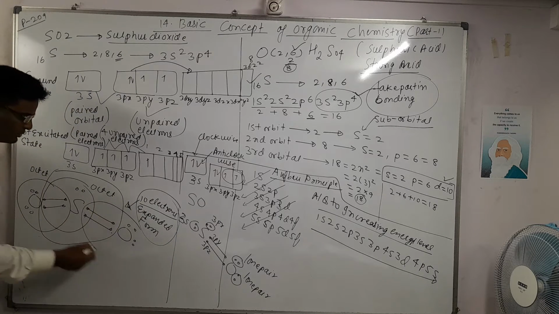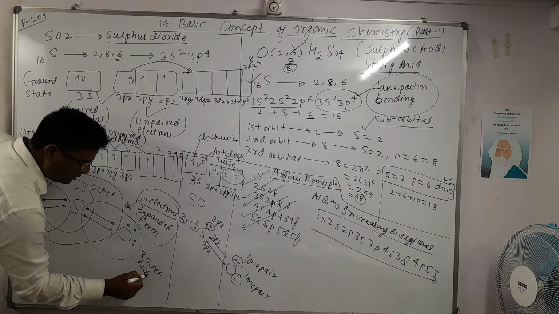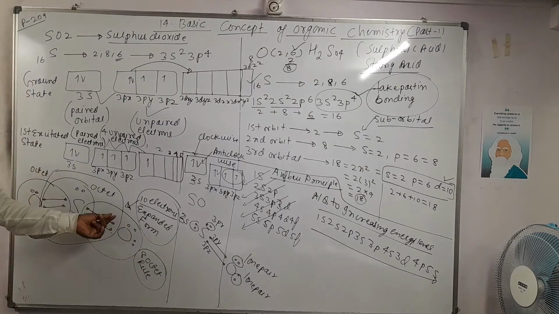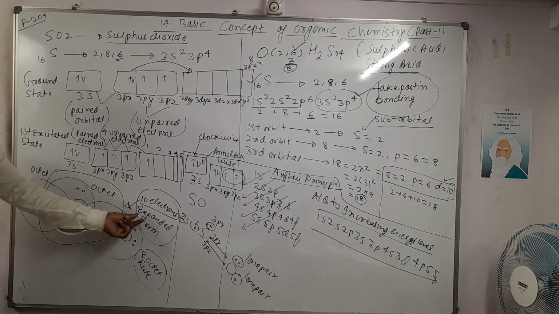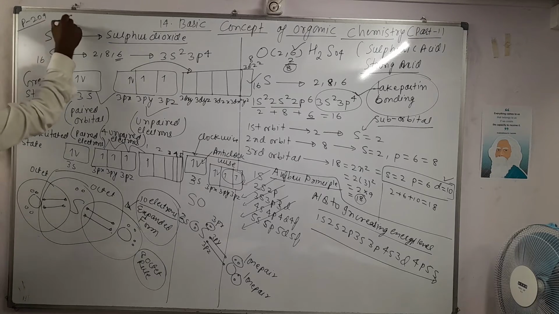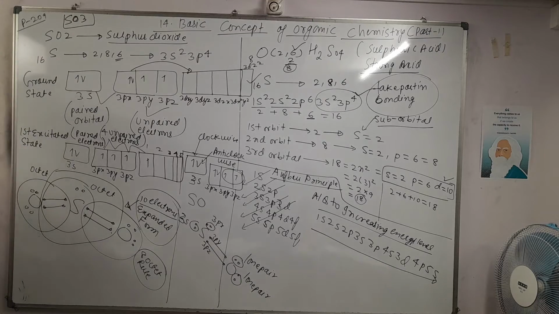And this oxygen also completed its octet rule. Understood? So sulfur first forms the octet, then expands it. That is called the expanded form. After that we will study the structure of SO3, sulfur trioxide.